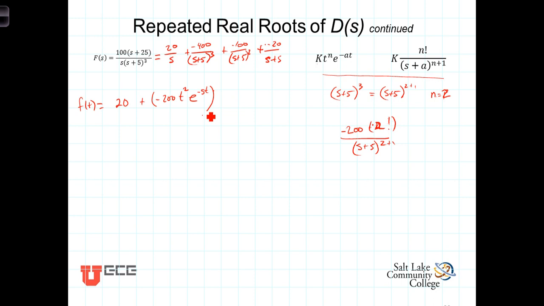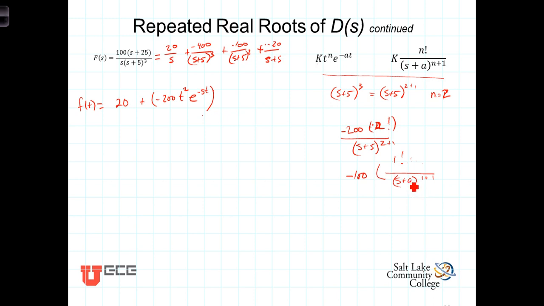Similarly, this term here has an s plus 5 to the second power. Using this same kind of situation, we have n equals 1, and 1 factorial is 1. So for this second term, we have k is negative 100 times 1 factorial, divided by s plus a to the 1 plus 1 term.